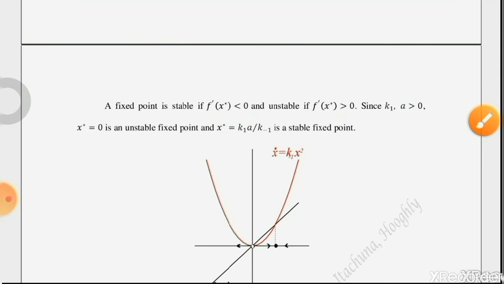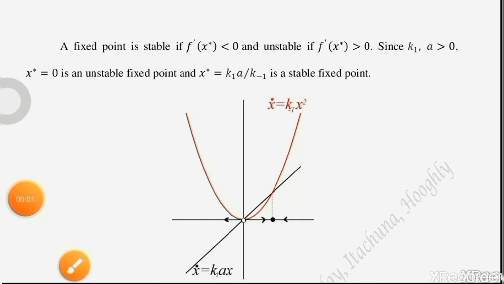Now you may wonder why a fixed point is stable when f prime x is less than 0, and why it is unstable when f prime at the fixed point is greater than 0. To get a better idea about this fact, let us explain linear stability analysis a bit more.